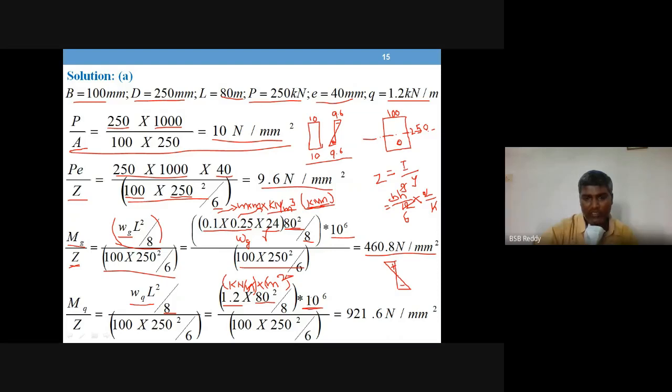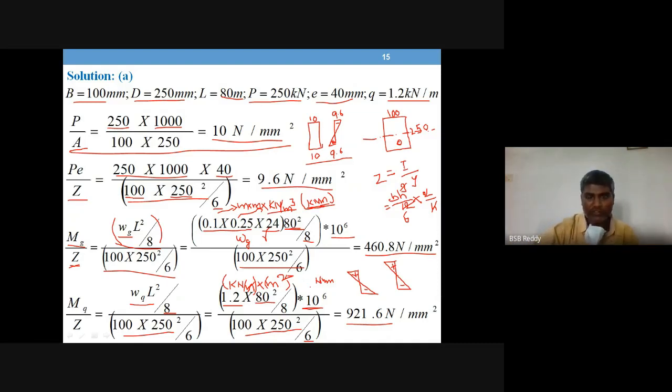To convert into Newton mm, we multiply with 10 power 6. The denominator as usual is the Z value, bh square by 6. That will come around 921.6 megapascal. The stress diagram for live load also is top compression, bottom tension because it is sagging. These are the individual values.